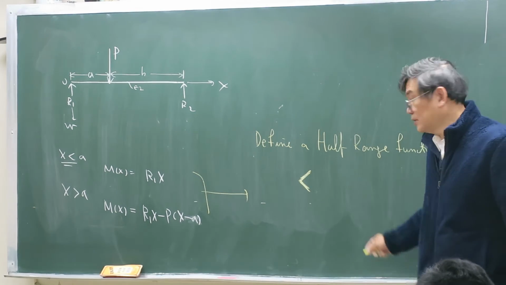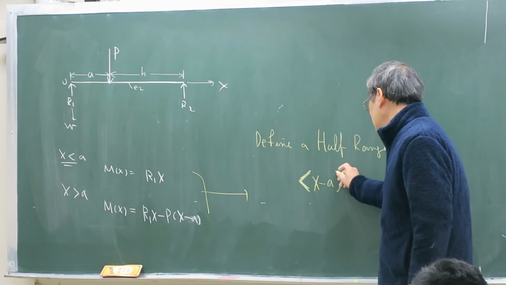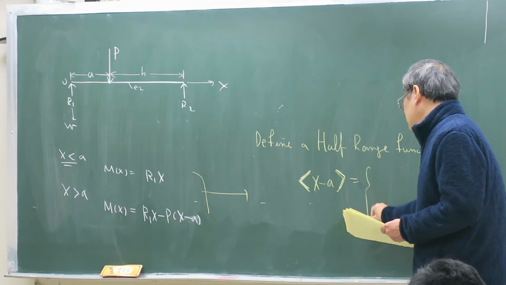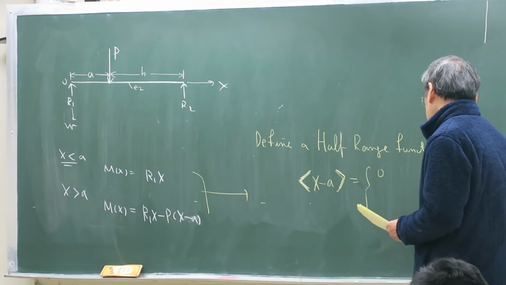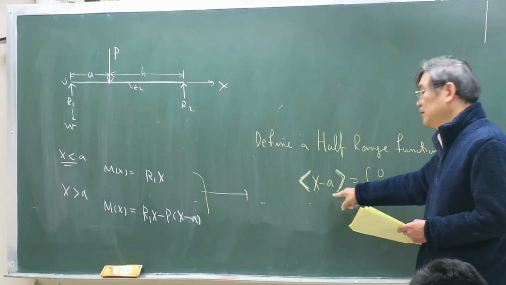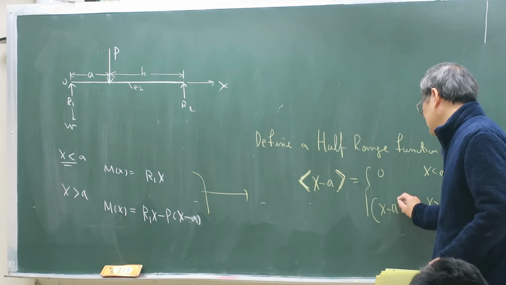Find this sign, x minus a. And this meaning is equal to 0 if x smaller than a. If x larger than a, that means inside here is positive, is equal to bracket x minus a.